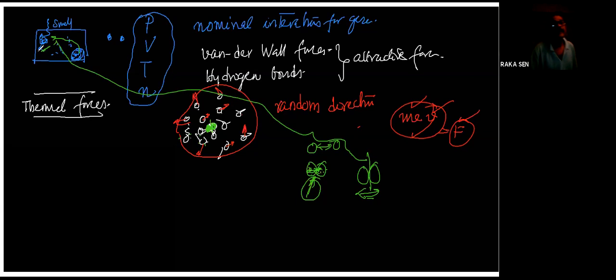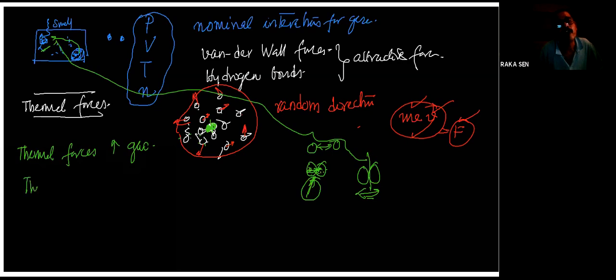So, if thermal forces can break down the forces of attraction, it will be a gas. If the thermal forces can make a little bit of movement possible without breaking down completely the bonds, it will be liquid.